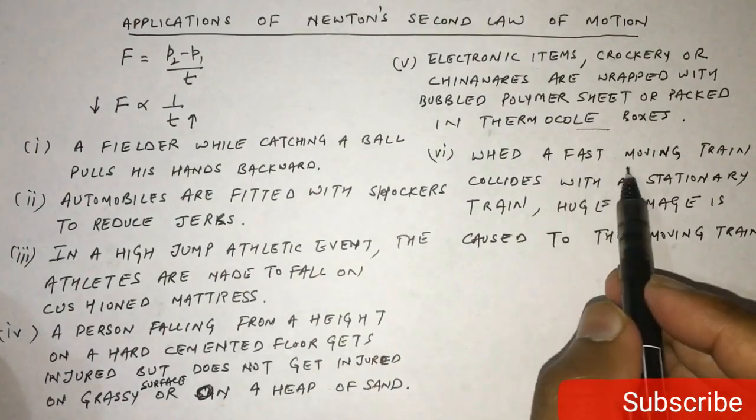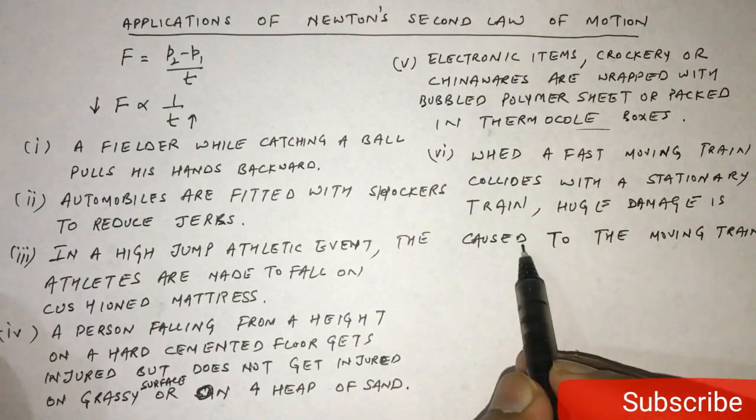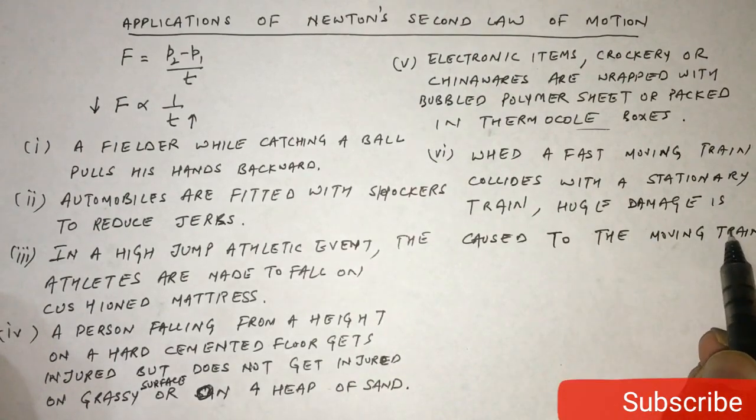When a fast moving train collides with the stationary train, huge damage is caused to the moving train.